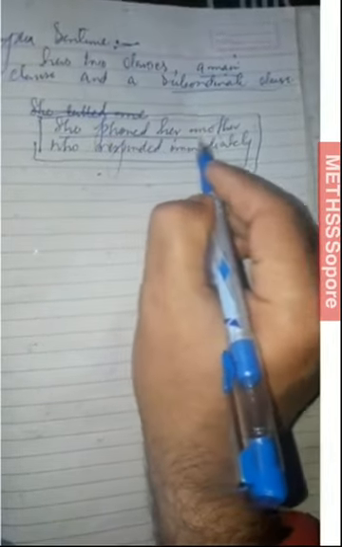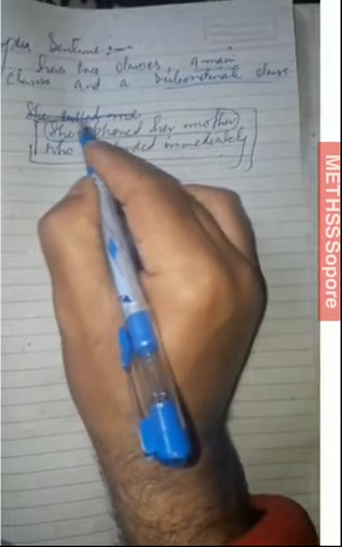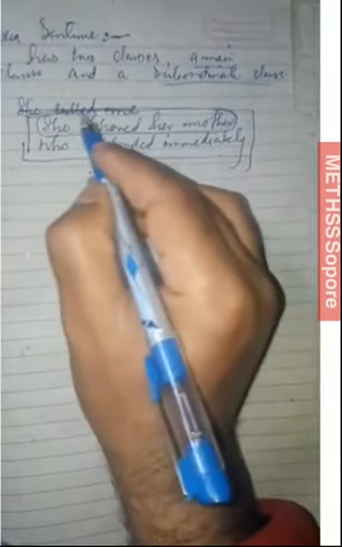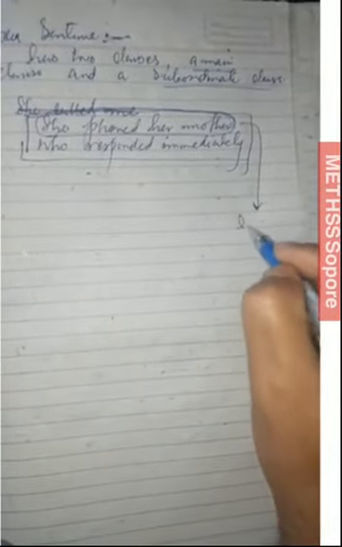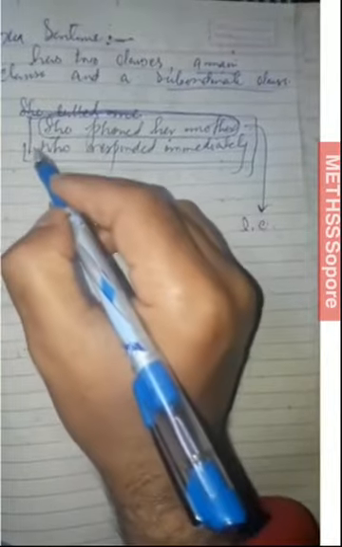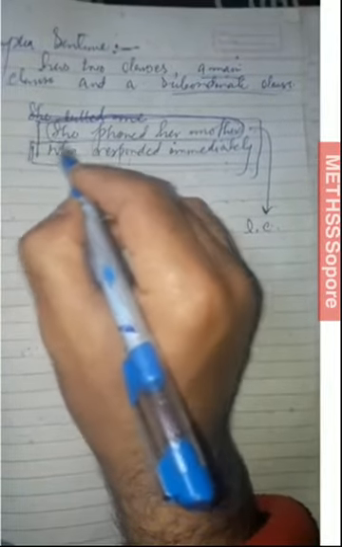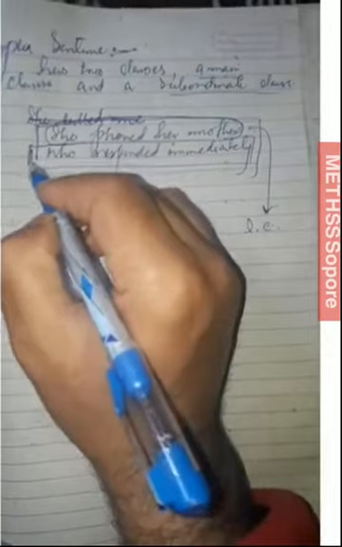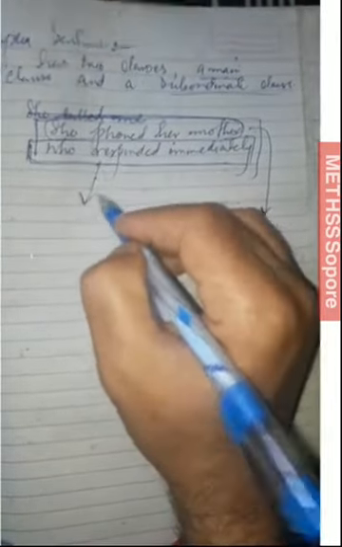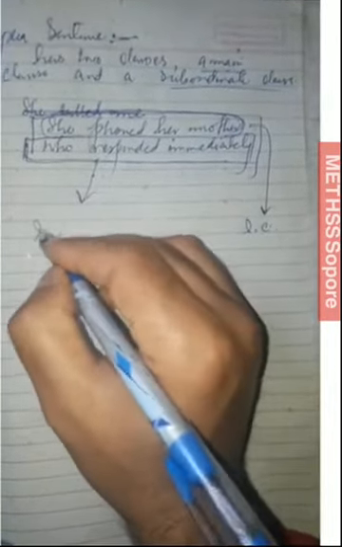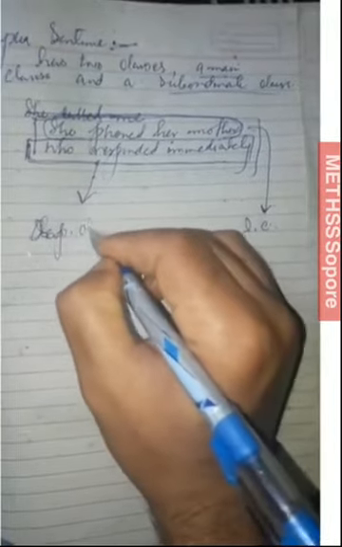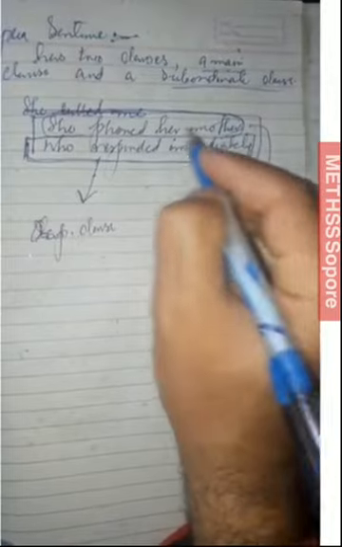She phoned her mother. This is one clause, and you must be getting it that it gives us a complete sense. This is the independent clause. Who responded immediately does not give us a complete sense, so this will be termed a dependent clause. One clause is independent, and the other is dependent.